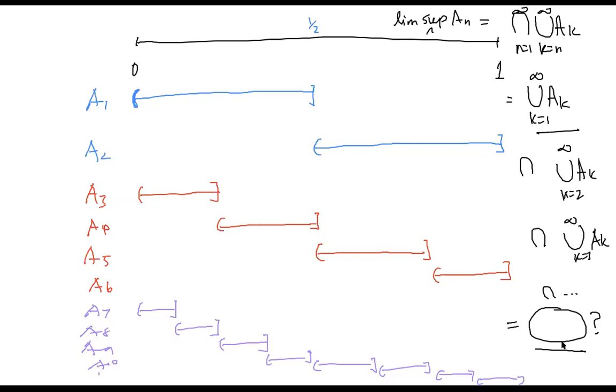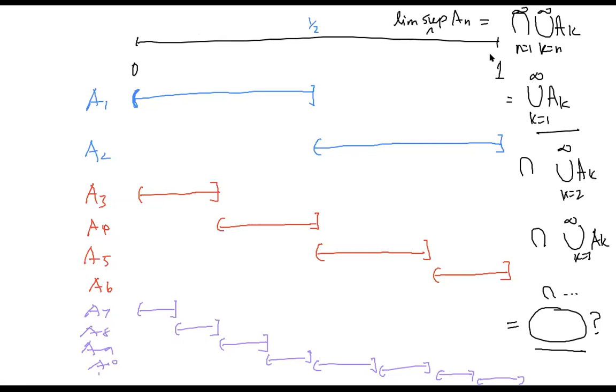These are all sets, so you're taking intersection of sets. If you take countable intersections, it will lead to one set here. What is this set? Refer to this set here.